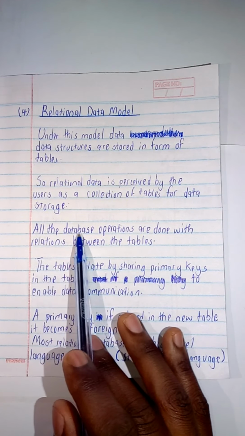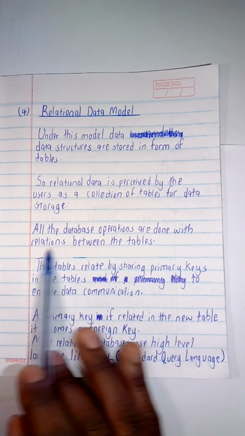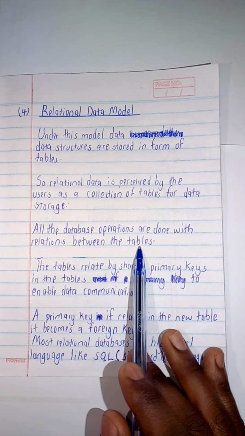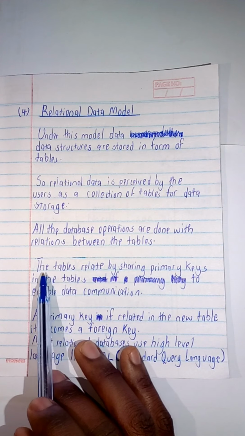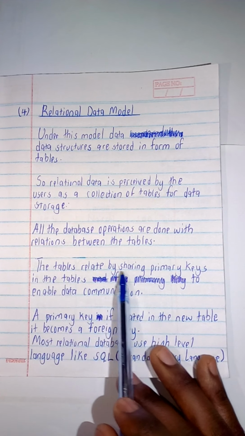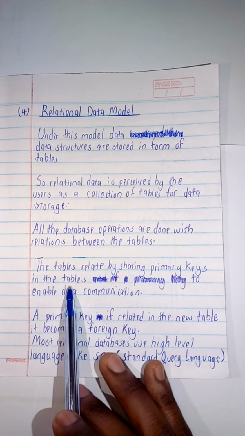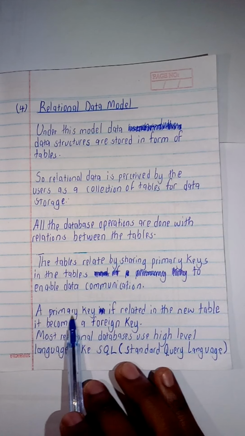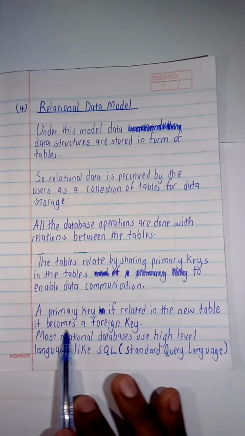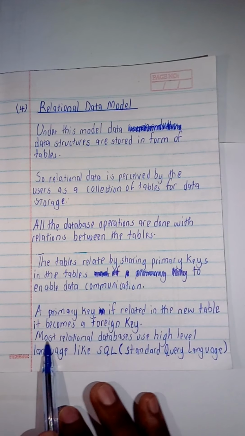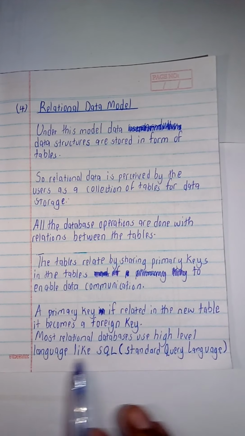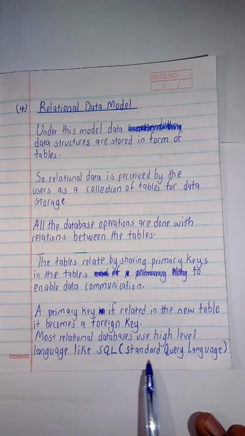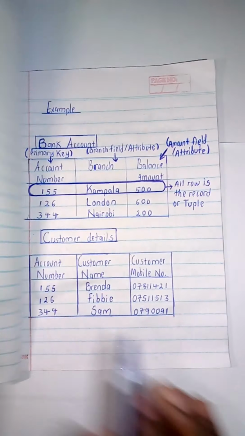All the database operations are done with relations between the tables, and the tables relate by sharing primary keys to enable data communication. A primary key, if related in a new table, becomes a foreign key. Most relational databases use a high-level language like SQL, which is the standard query language.